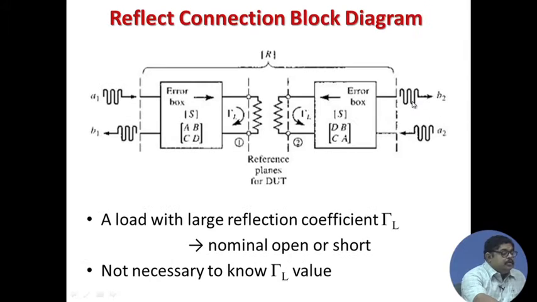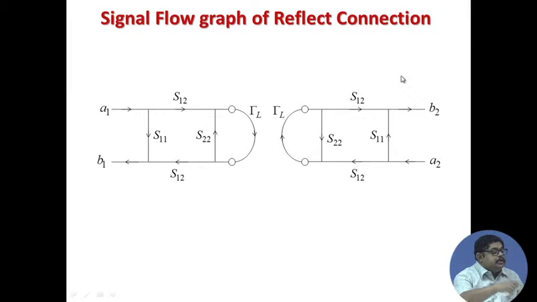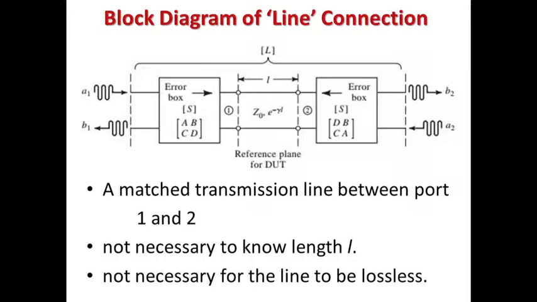Here in the reflect case this whole thing we are calling the R matrix, and this is the signal flow graph, with port 1 side, port 2 side and gamma L in between. These are two disjoint graphs because of the reflect connection, port 1 is on its own, similarly port 2 is on its own.